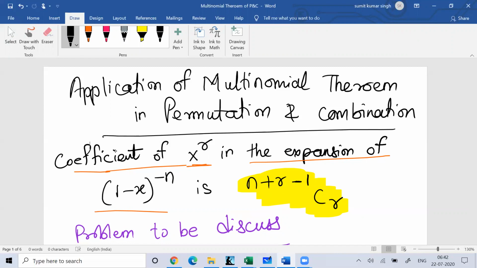This is the formula we are going to use to solve problems on the multinomial theorem. And the multinomial theorem will help us solve many numericals which your partition rule cannot help you solve. That way the multinomial theorem would be very helpful for you.